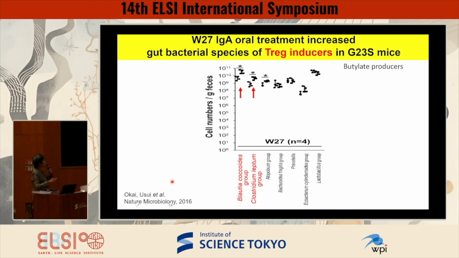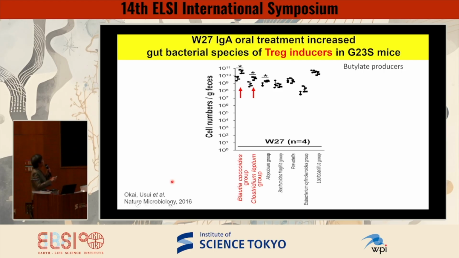So you may know that last year's Nobel Prize winner, Shimon Sakaguchi, discovered the regulatory T cells. This is a very important immune regulator. For example, in IBD, an inflammatory disease, we need to increase this Treg to cease inflammation.